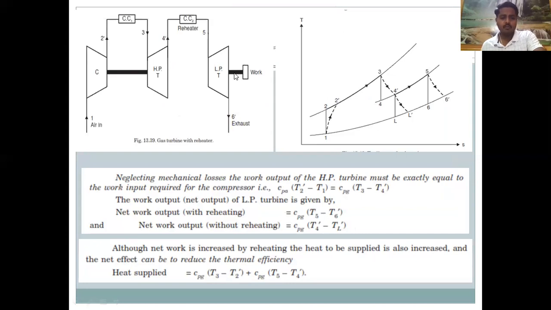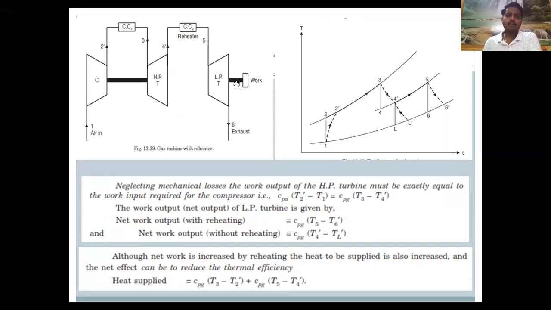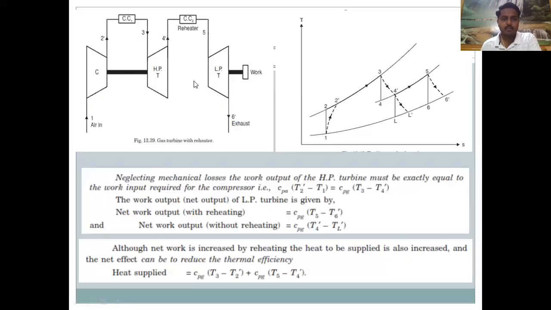Now in the reheater, the output of a gas turbine can be improved by expanding the gases in two stages with a reheater between these two turbines. Okay, now the diagram is in front of you. You can see that in between the high pressure turbine and the low pressure turbine, you are having a reheater.